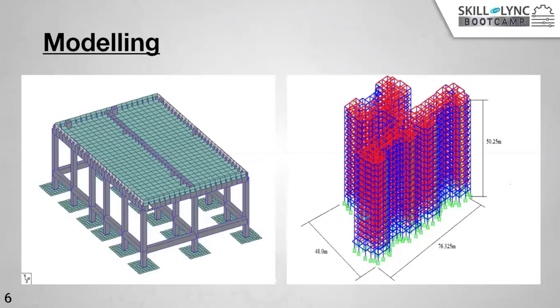But if you look at the second picture in the same slide, it is a G+15 story building, which consists of 3 blocks. All 3 blocks are connected at the ground as well as at the roof, only at the roof, not on all the floors. And these column locations are not as regular as in the left side building, and we have a larger number of columns.